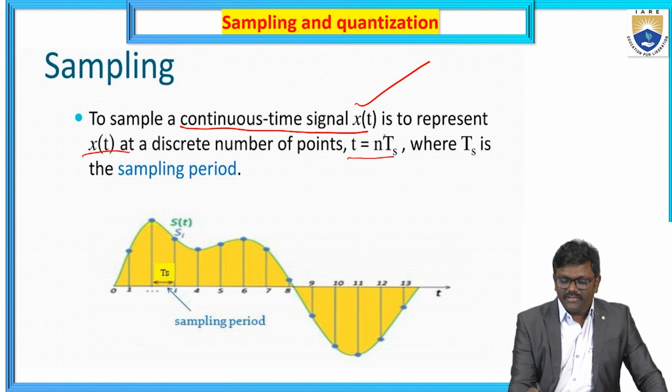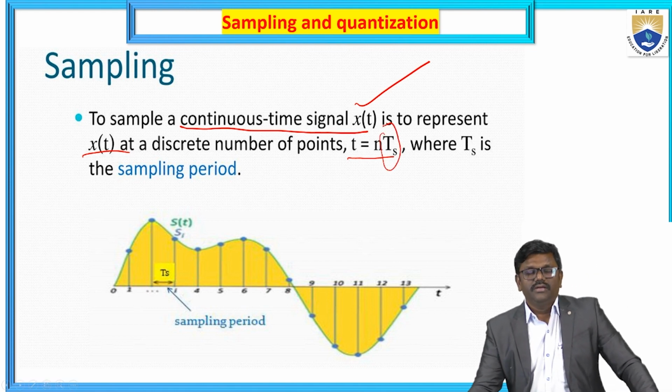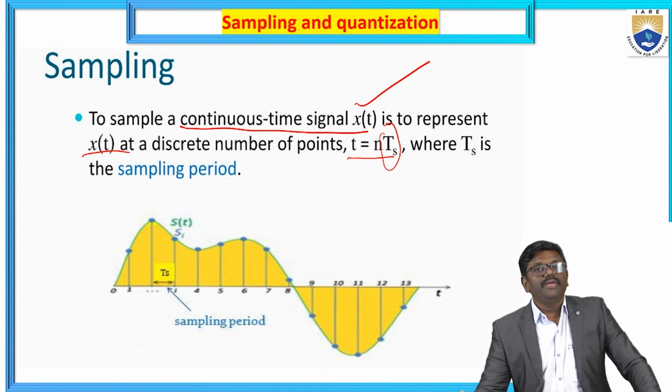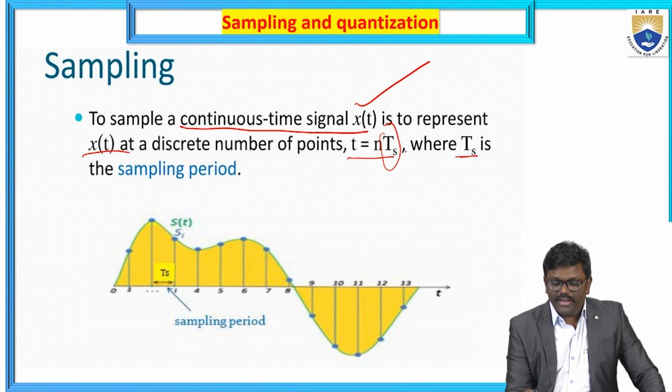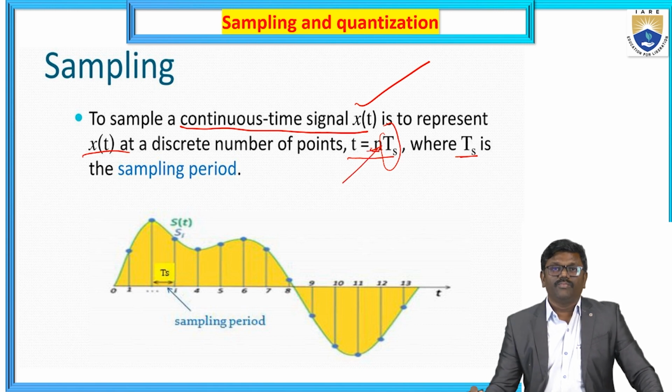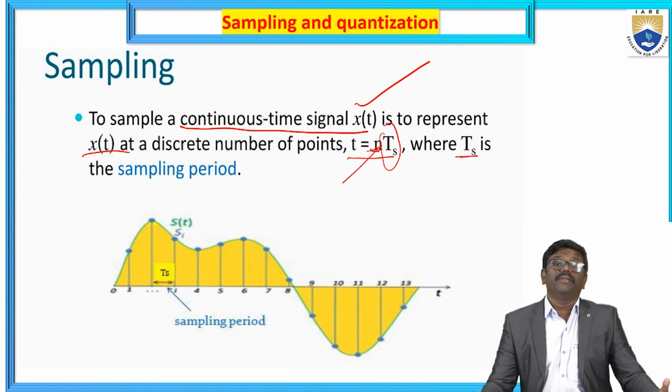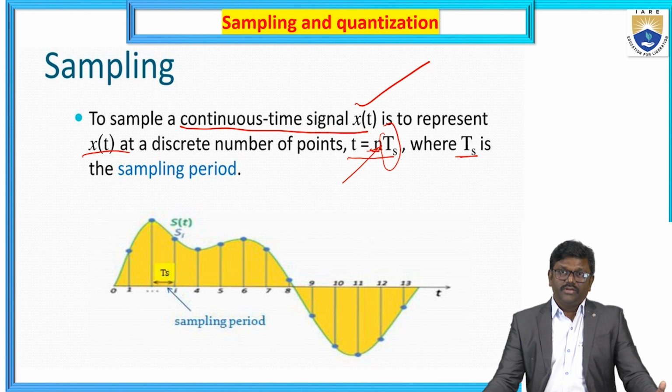What is this Ts? This is your sampling period. This sampling period will vary with the help of intervals of small n, that is, the number of sample periods will vary. So how may it vary?